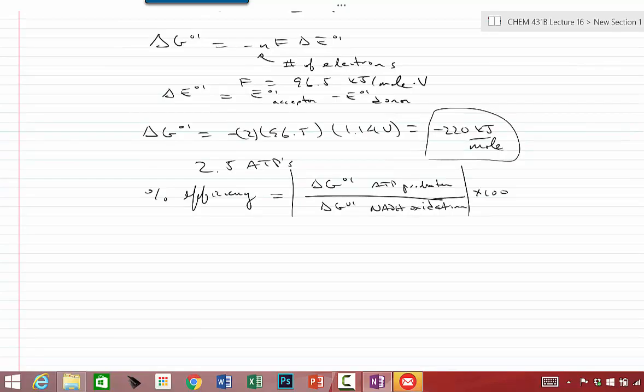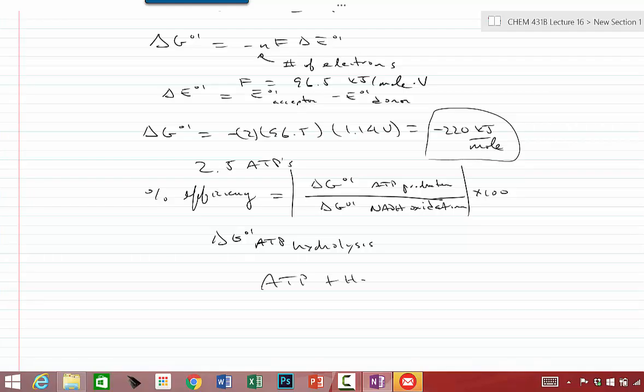So does anybody remember what the delta G value is under standard conditions for ATP hydrolysis? So we're hydrolyzing ATP to ADP and inorganic phosphate. You have to go back to the first couple of weeks that we talked about this. Anybody remember? What is that value for standard free energy change for ATP hydrolysis? I'll go ahead and write the reaction.